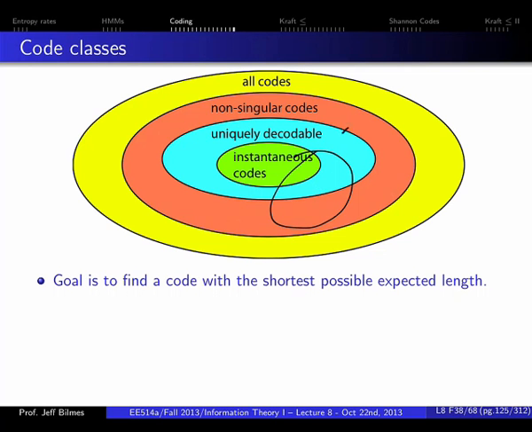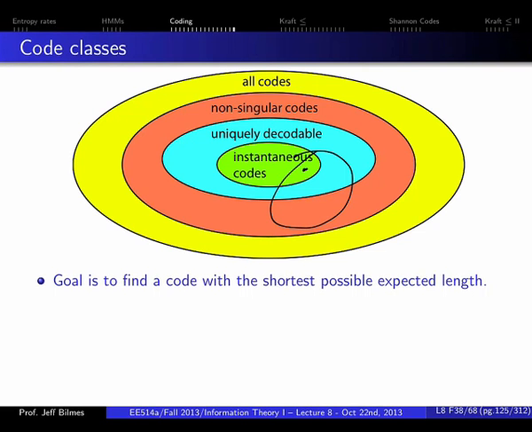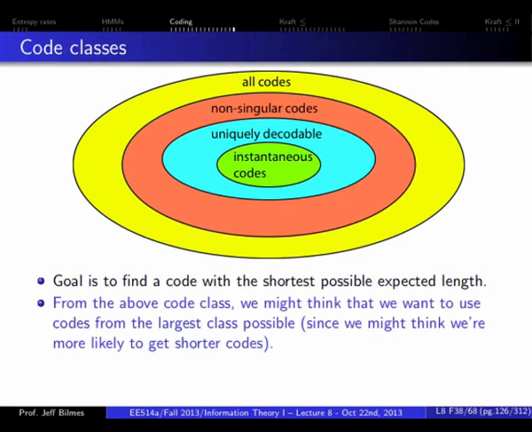Most importantly, are there optimal codes that live here? Because if there are, then there's no penalty in terms of expected length in choosing only instantaneous codes. That would be great. And that's what this question is asking.